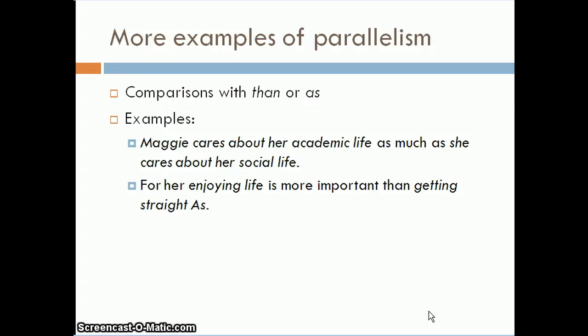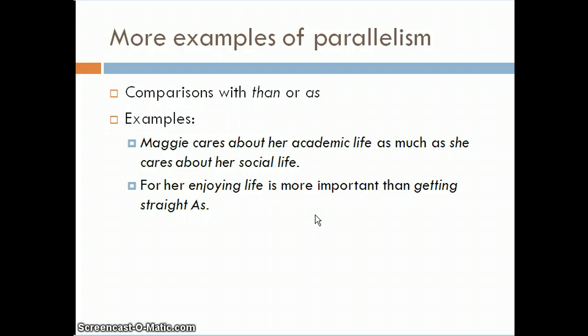Here are some more examples. We also need to use parallel structure when we use comparisons using than or as. So here are a couple of examples. Maggie cares about her academic life as much as she cares about her social life. So here we have a whole clause. So there it's a clause compared to another clause. Here's one more example.